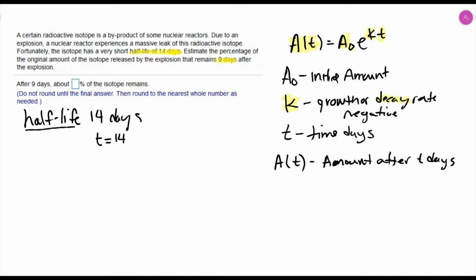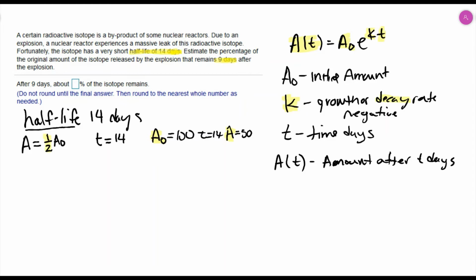So for example, if you started with say 100 of the isotope, then after 14 days, you would then have 50 left. So it's telling you that relationship between the initial amount and the ending amount. So that is going to be A equals 1/2 of A naught, half of what we started for half-life.